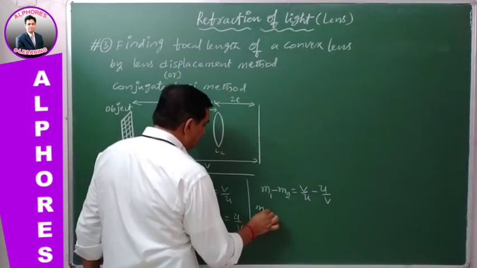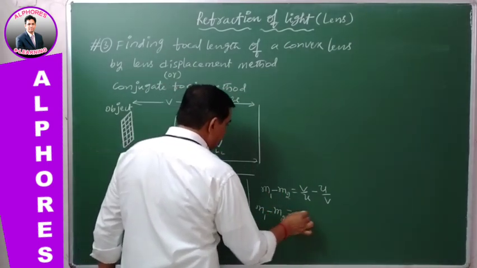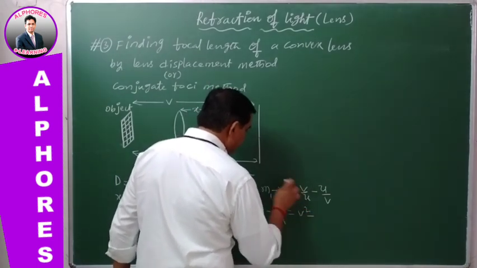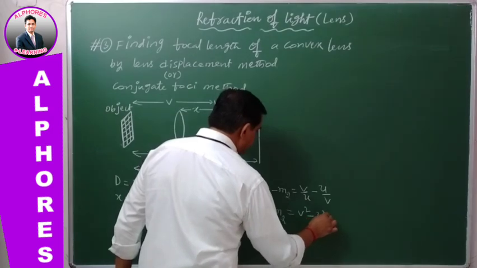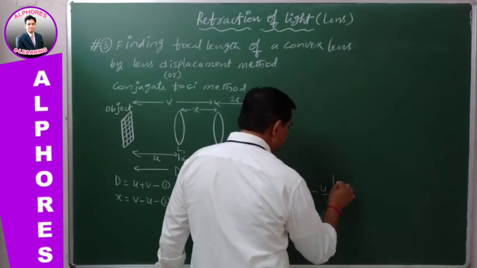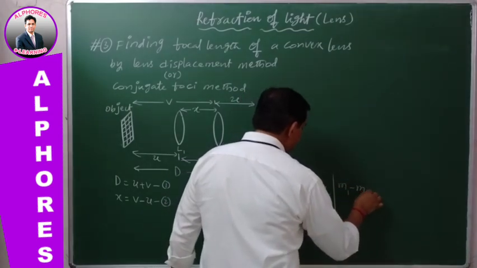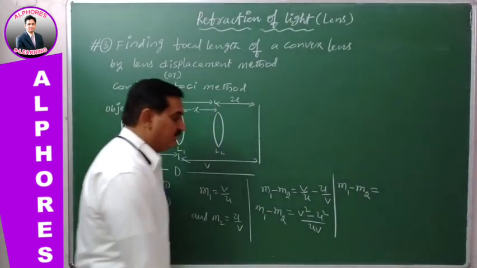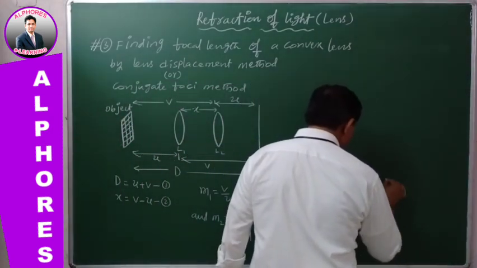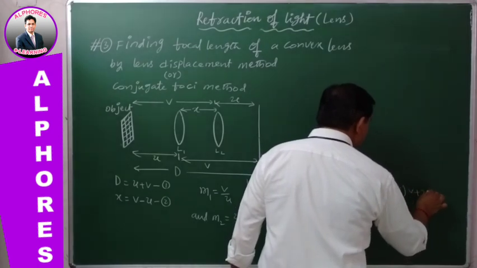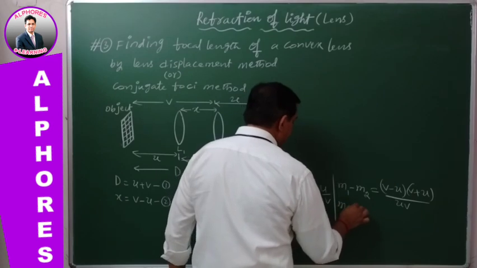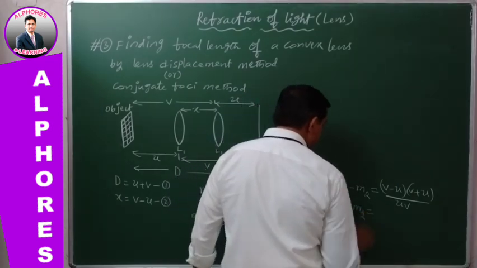Taking LCM, it is (V square minus U square) by UV. This simplifies, using a square minus b square equals (a plus b) into (a minus b), to (V minus U) into (V plus U) by UV.